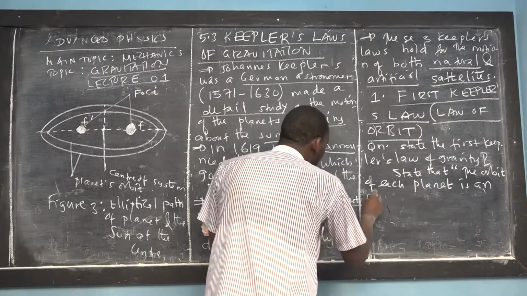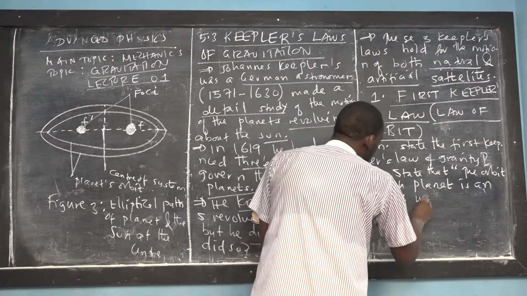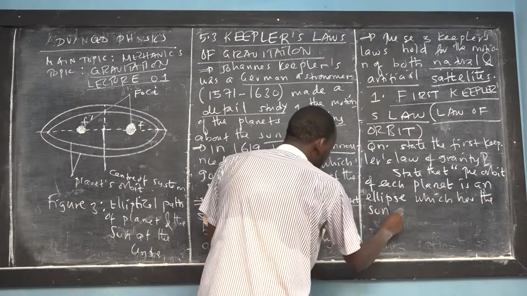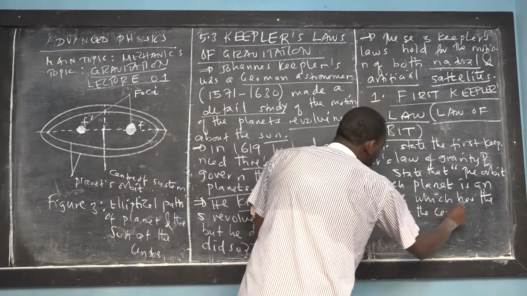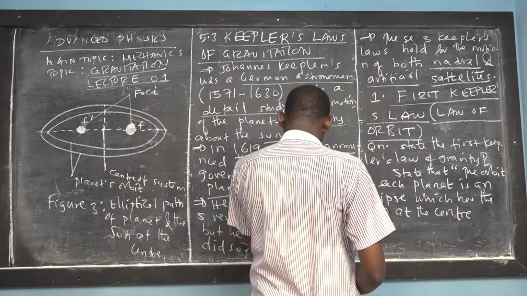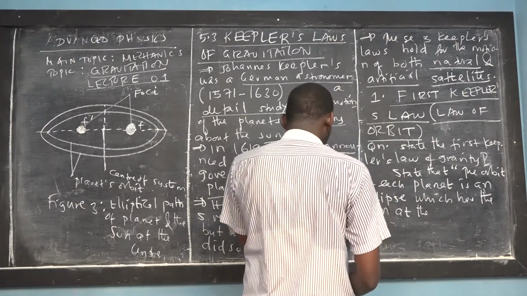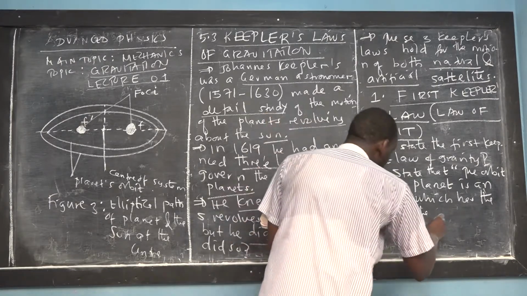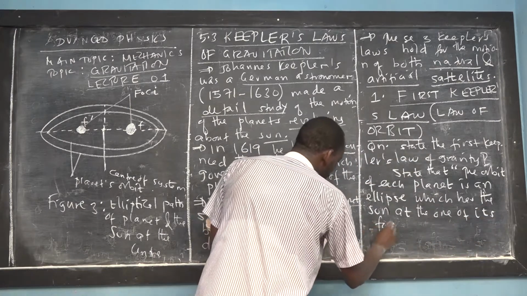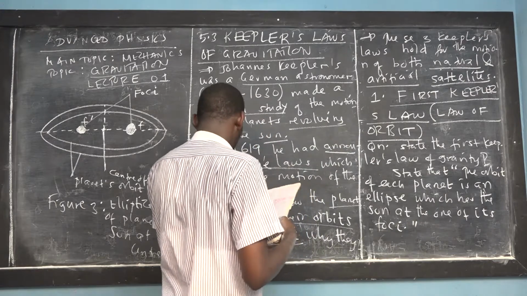Number one, is an ellipse, which has the sun not at the center, but at one of its foci. Foci is the plural; it's a focus.